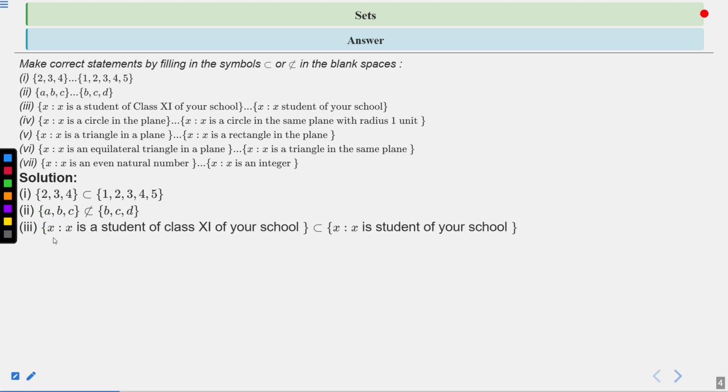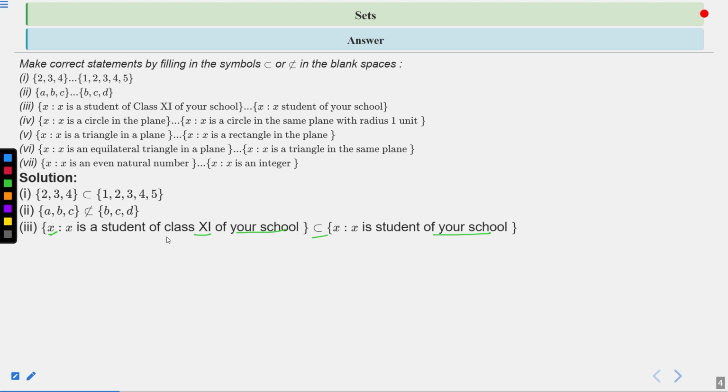Now for third, collection of all X such that X is a student of class 11 of your school, which is indeed a subset of the set where you have the collection of your students of your school. Simple.